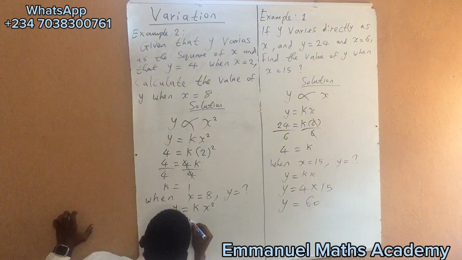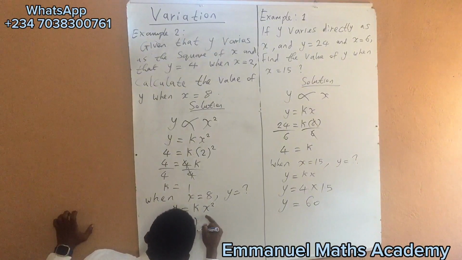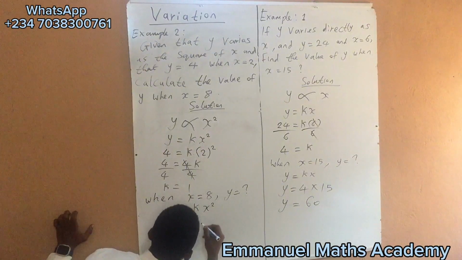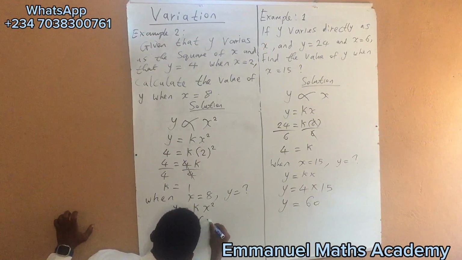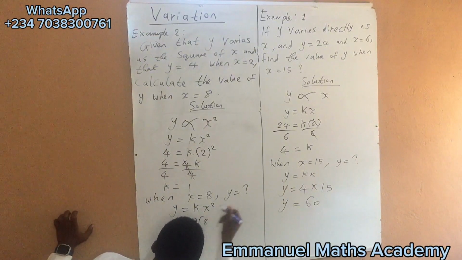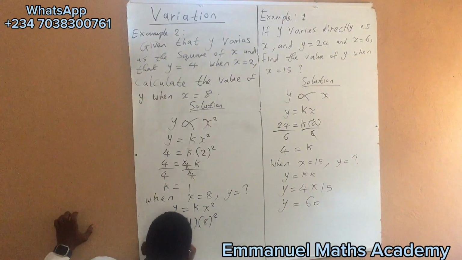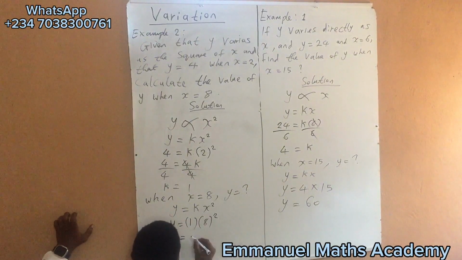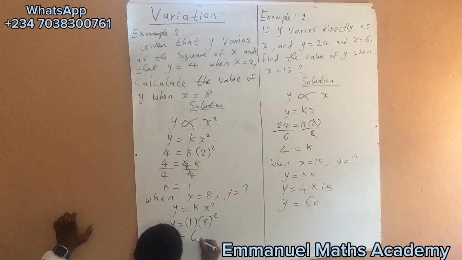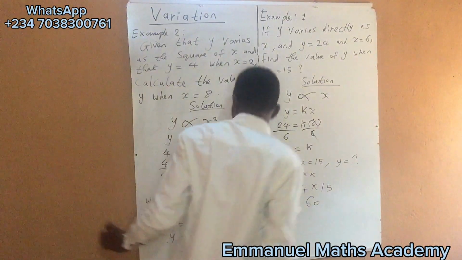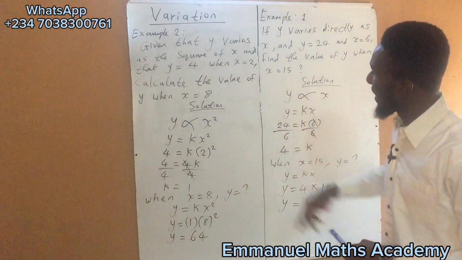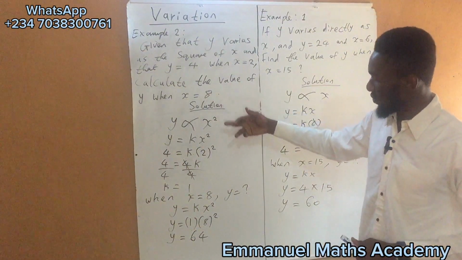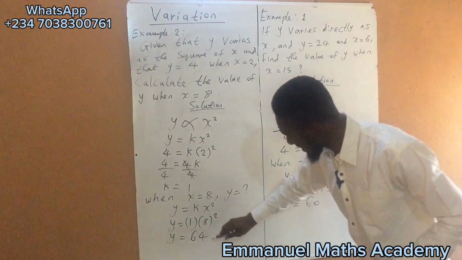What's our K? Our K is 1. Our X here is 8, 8 raised to power 2. Then 8 raised to power 2 is 64. You have that your Y is 64 when X is equal to 8. As simple as that.